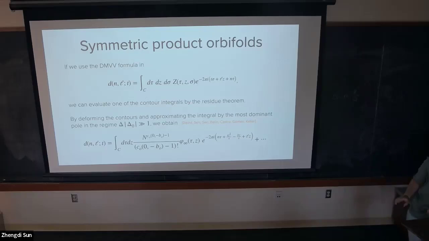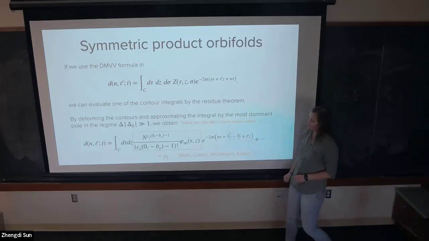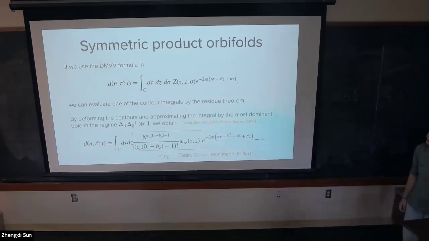And I'm not expecting you to understand precisely what's going on, but it was realized way before we were doing this project that precisely this combination of functions and numbers encodes the light spectrum of these weak Jacobi forms generated by symmetric product orbifolds in the large n or large index limit.